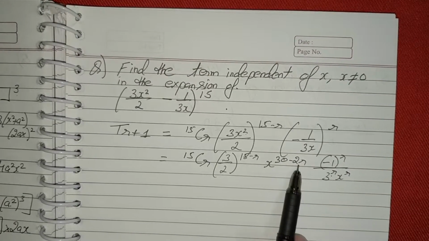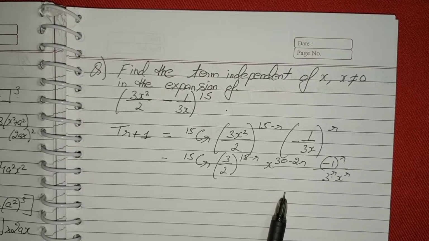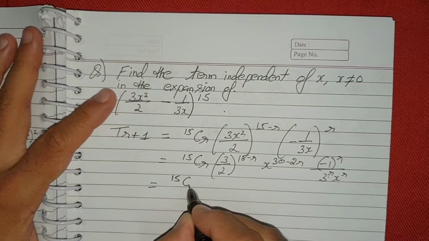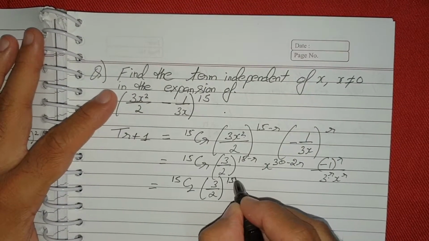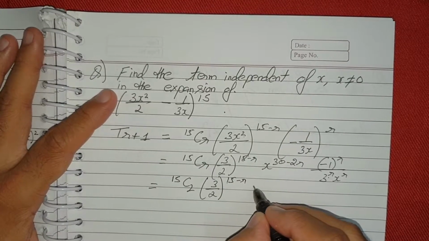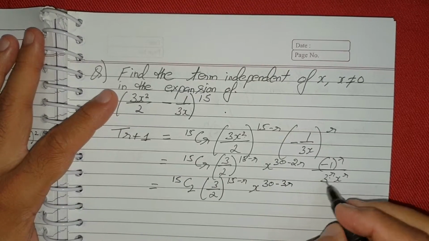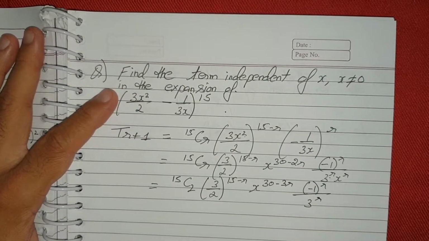So, x to the power r will go over here, so x will be 30 minus 3r. Writing this term again, this is 15 cr, 3 by 2 to the power 15 minus r, x to the power 30 minus 3r, and minus 1 to the power r, 3 to the power r.